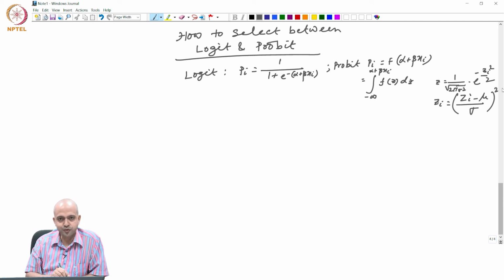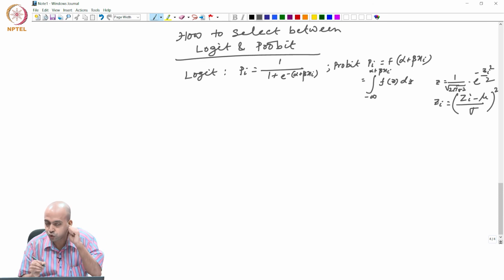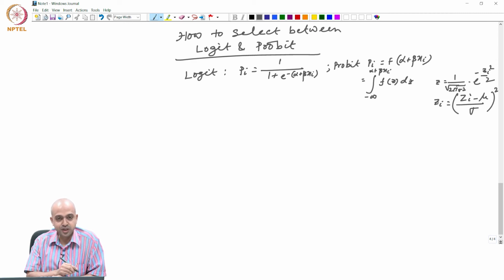Okay, standard normal variable. Both the normal and the logistic distribution have 0 mean, because here we are assuming a standard normal variable. So the mean is 0, but their variance and standard deviation are different.